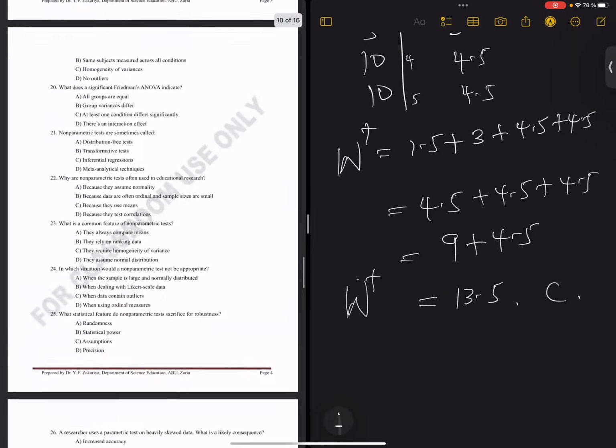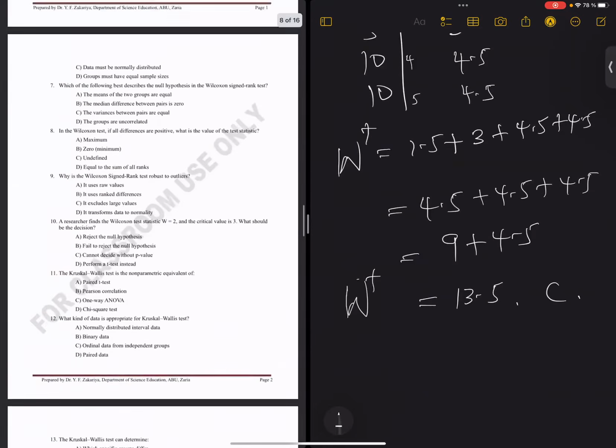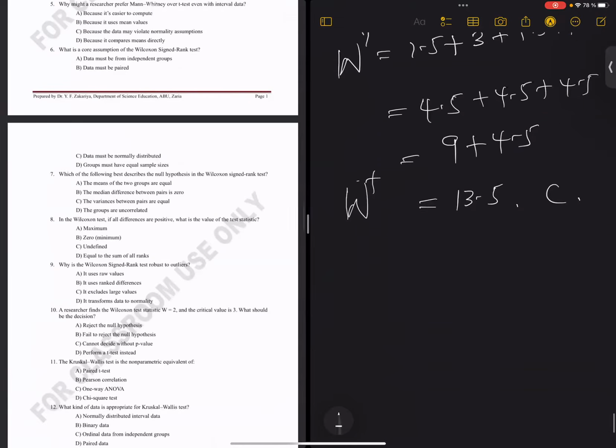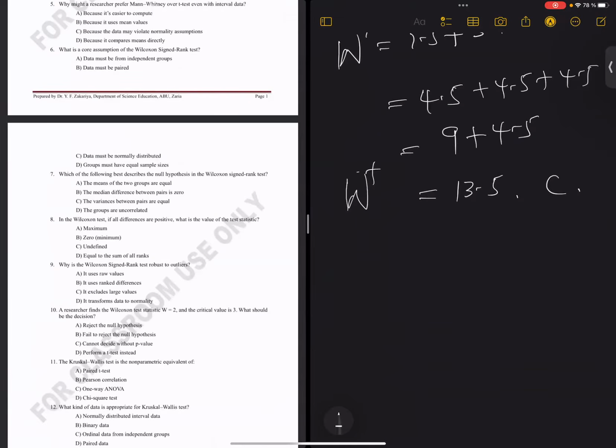Somebody said question 7. Thank you. Which of the following best describes the null hypothesis in Wilcoxon, number 7, SMO 10. Yeah, that's what I'm reading. Which of the following best describes the null hypothesis in the Wilcoxon sign rank test? The means, nothing like means, okay, in sign rank test.